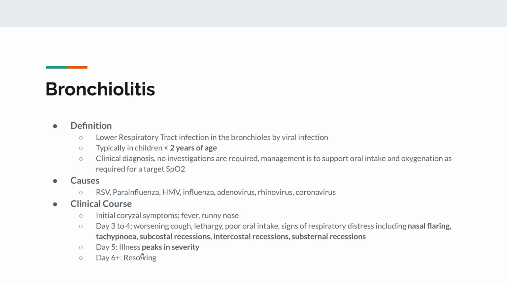They might also be moving their head with each breath as the accessory muscles contract, called head bobbing. By day 5, it gets the worst, and then within a couple days after that, it just gets better on its own.